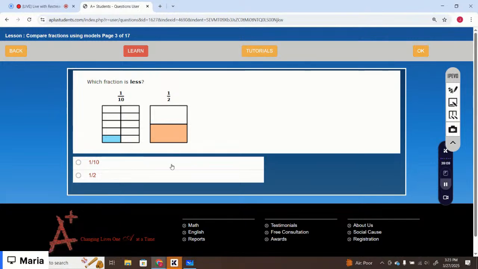We have to see which one is less. That is 1/10.